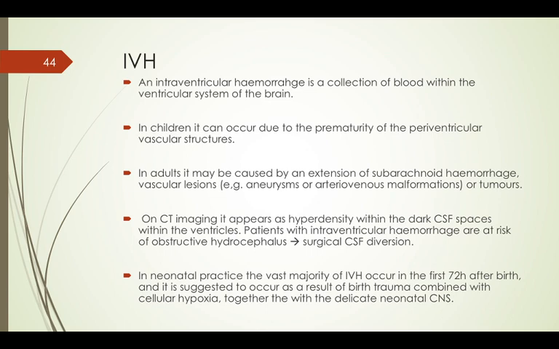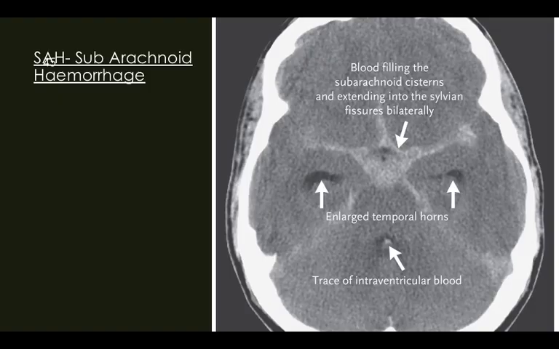So on CT you can see hyperdensity within the CSF spaces in the ventricles, and they are at risk of obstructive hydrocephalus there. So in neonatal practice, you see intraventricular hemorrhages within the first 3 days of birth, often due to birth trauma. Fine. So that's it for traumatic brain injury.